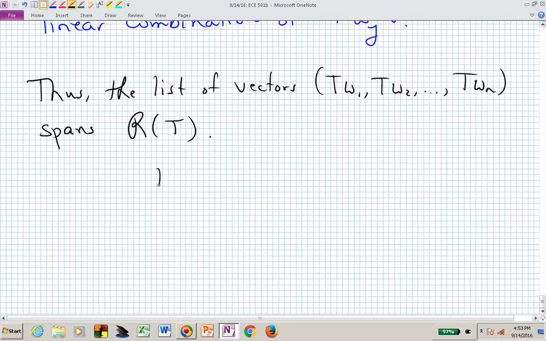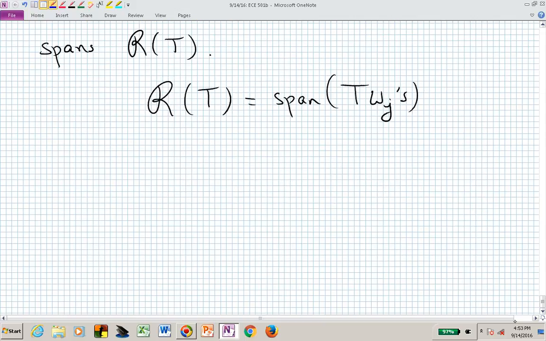Or we could say symbolically the range of T is the span of these Tw sub j's. So now we have the Tw's spanning our range space.